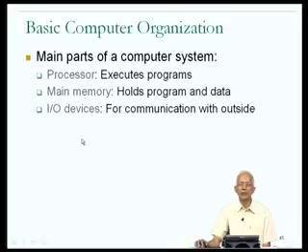The third and another important part of a computer system is the different I/O devices or input and output devices that are present in the computer system. And they are important because they provide for communication between the inside of the computer and the outside world. And very clearly, in general, for the programs that you write, if you could not communicate with your program, then it's not clear what kind of objectives could be achieved.